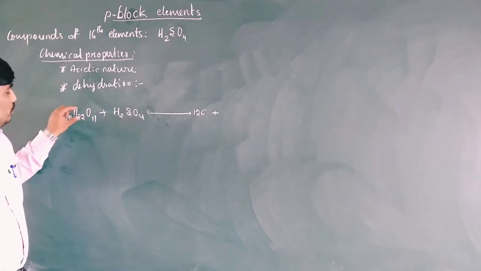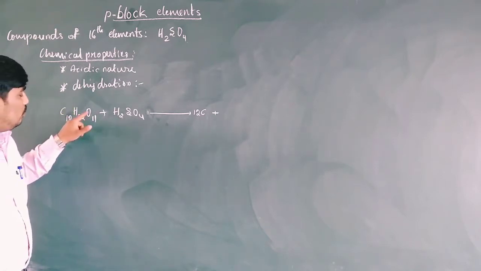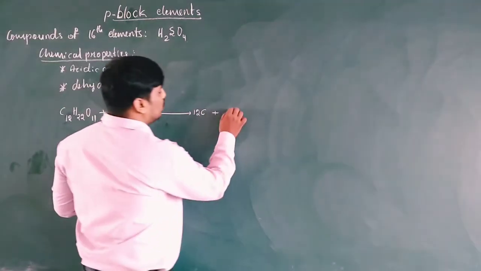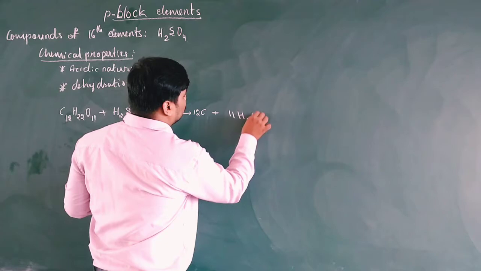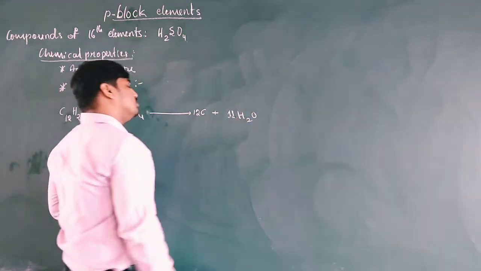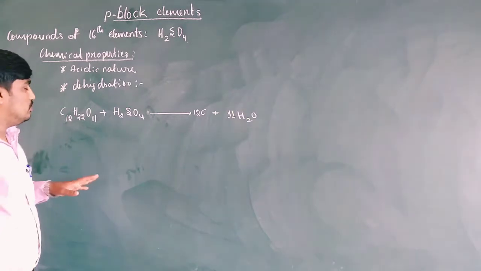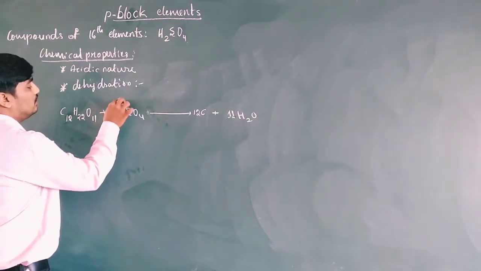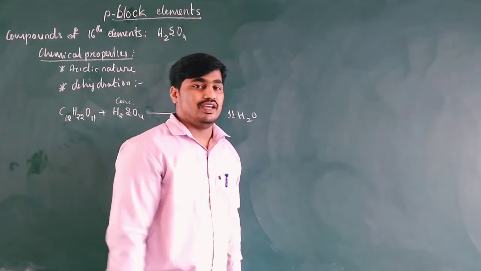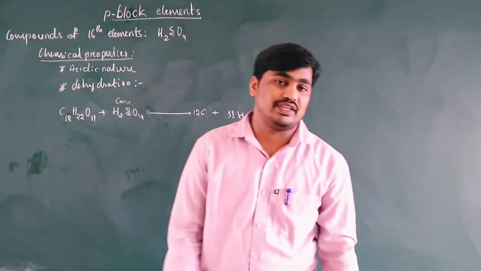How many H2O? The H22O11 means there are 11 H2O, 11 H2O. So this is the reaction. When concentrated sulfuric acid is made to react with sucrose, charring of sucrose takes place.